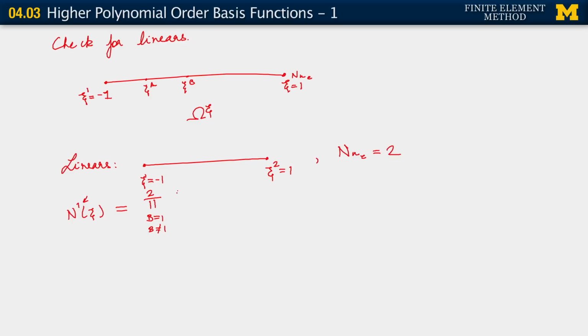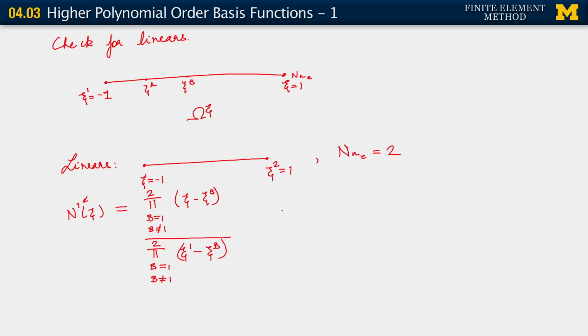And here we have ξ minus ξ_B divided by the product over the same limits of ξ_1, which was ξ_A, A equals 1 on the left-hand side of course, minus ξ_B.